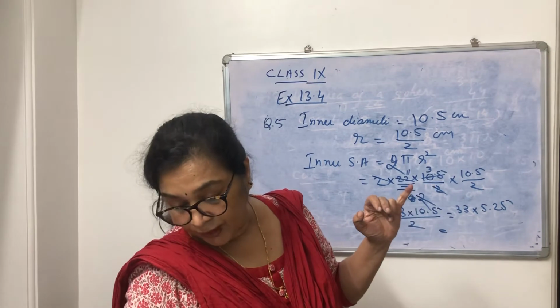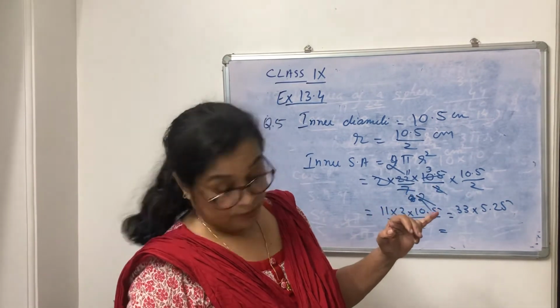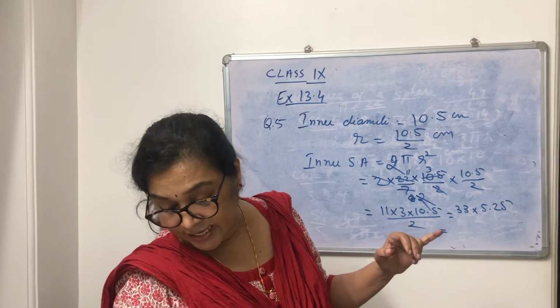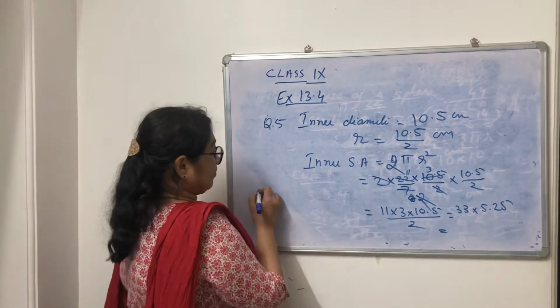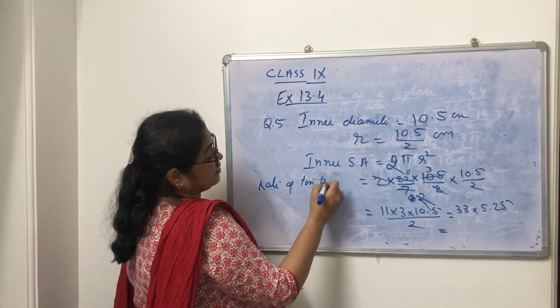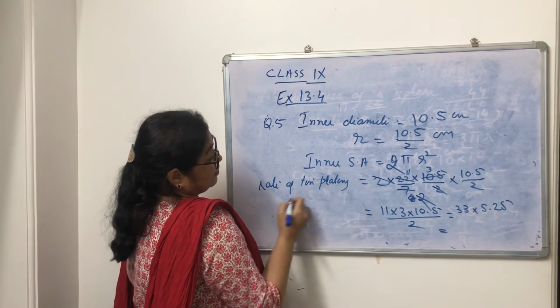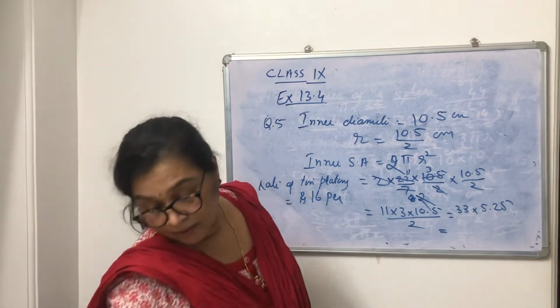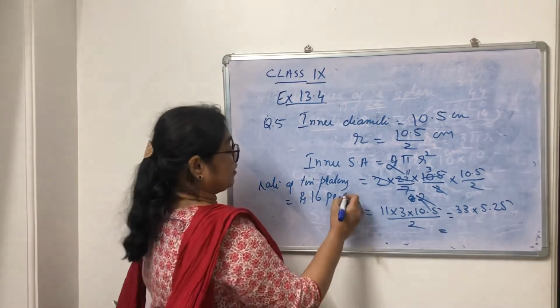You need to find out the cost of tin plating it. Rate of tin plating is rupees 16 per 100 centimeters square.